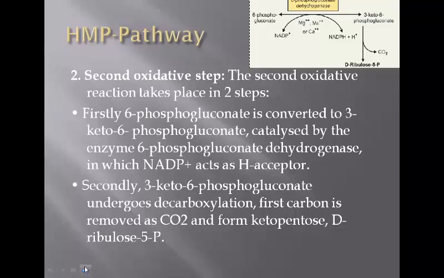In the second step, the pentose sugar is formed. How? The 3-keto 6-phosphogluconate undergoes decarboxylation, and the first carbon is removed. So by removal of carbon dioxide, a keto pentose is formed, that is ribulose 5-phosphate.